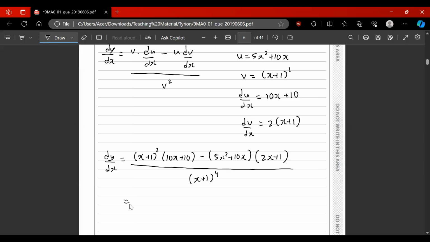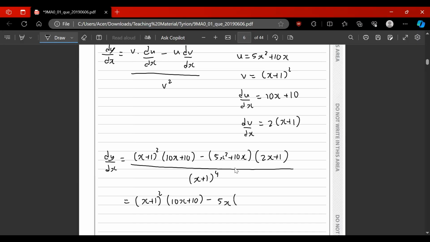So here I can actually simplify this part, where I can take out, first I'm going to expand this, by the way. Before expansion, I need to take out the terms here, (x plus 1) squared, 10x plus 10 minus, so here I can take out the terms 5x, right?